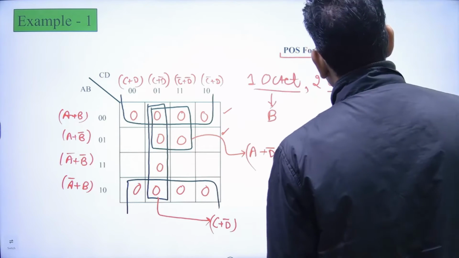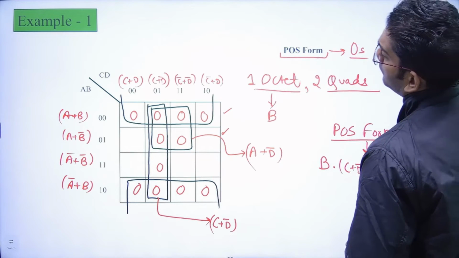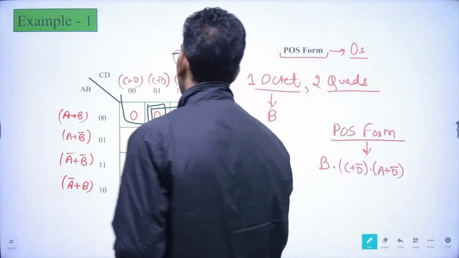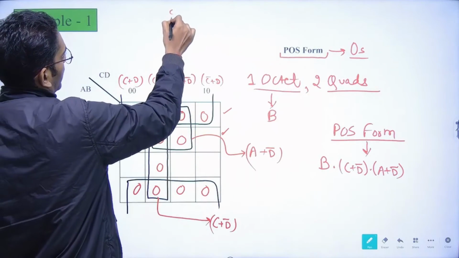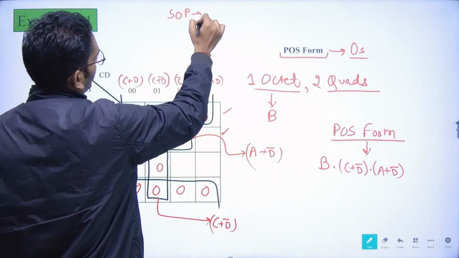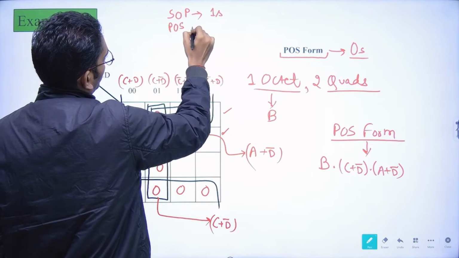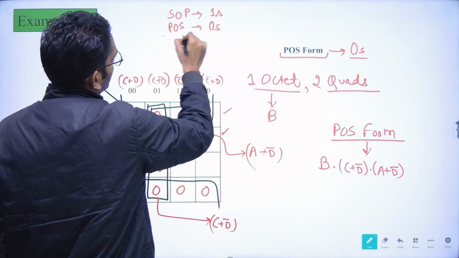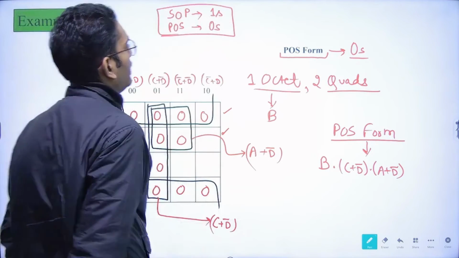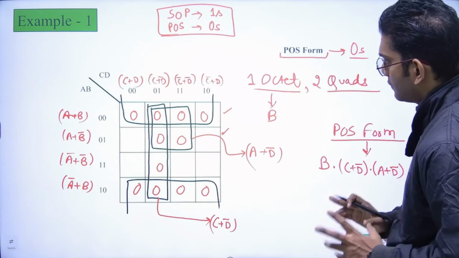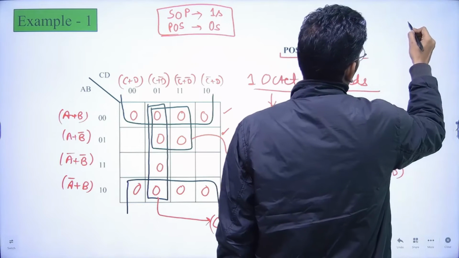So if you take into consideration the summary from these two slides, what you will understand is that for the SOPs we have taken into consideration the ones, and for the POS format we have taken into consideration the zeros. After that, we have tried to make the pairs.